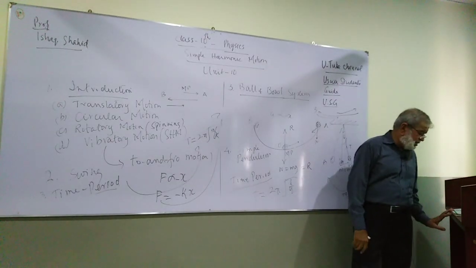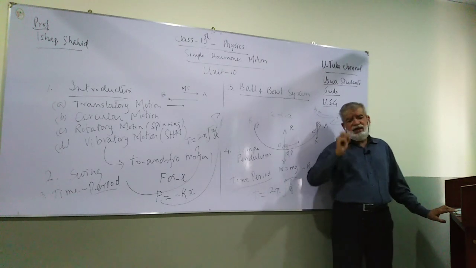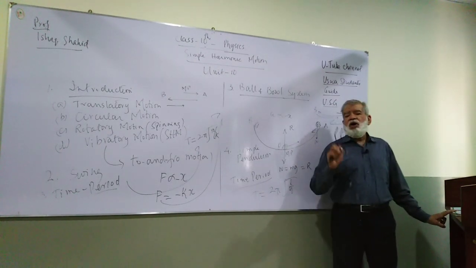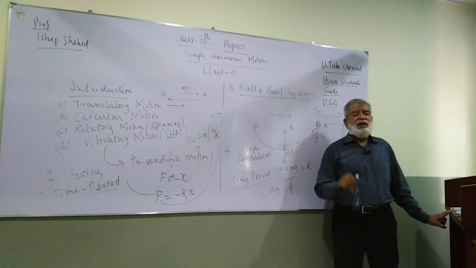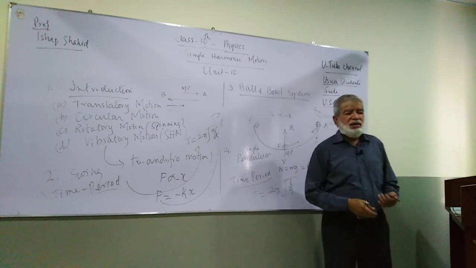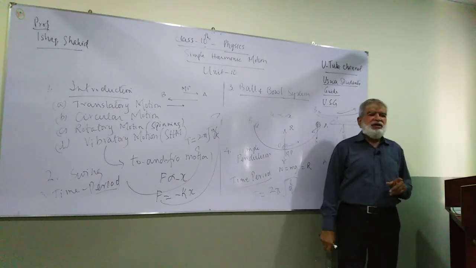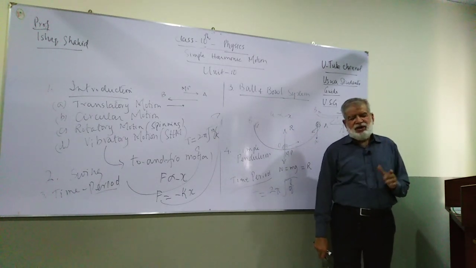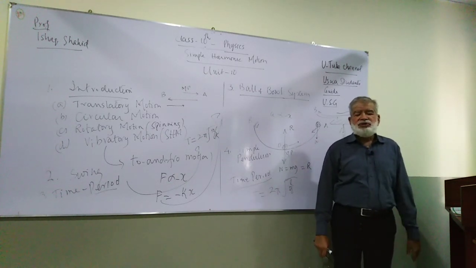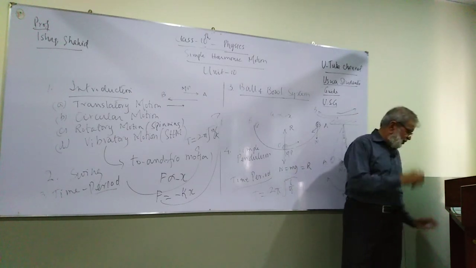The first thing is that a body executing simple harmonic motion always vibrates about a mean position. One of the main characteristics of simple harmonic motion is that it always executes a vibratory motion about its mean position.